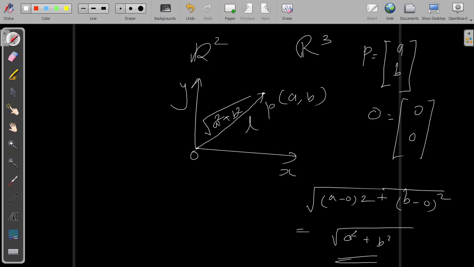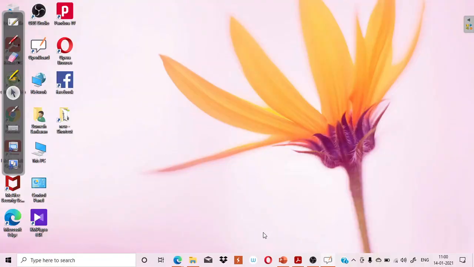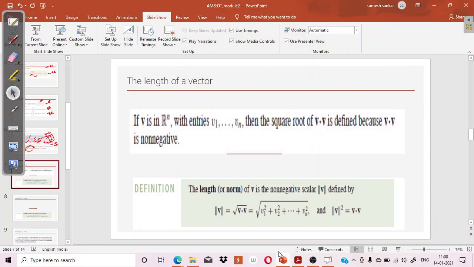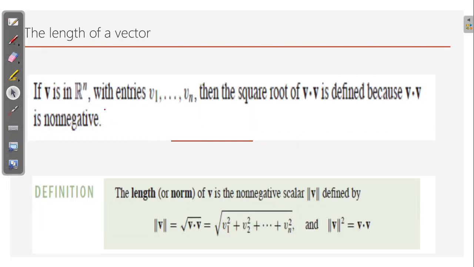This is the length. You can extend this discussion to R3, R4, R5, etc., up to Rn also. Our discussion now is the length of a vector in Rn, generalizing here.